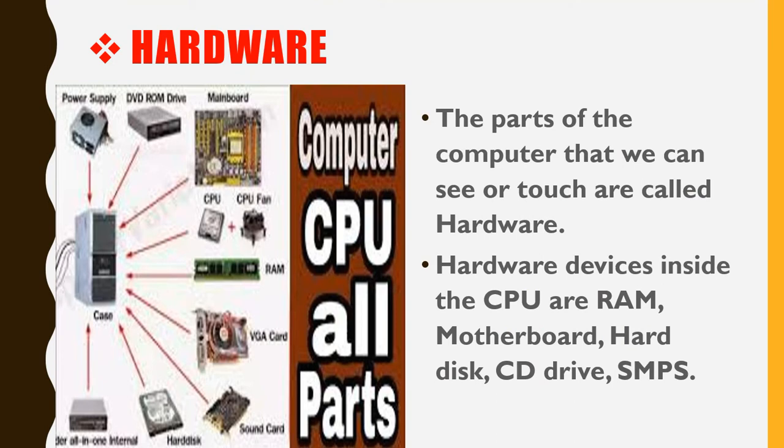First, hardware. Students, the parts of the computer that we can see or touch are called hardware. The physical parts of computer are called hardware. Some hardware parts like keyboard, mouse, monitor, printer, speakers are visible outside the CPU box.